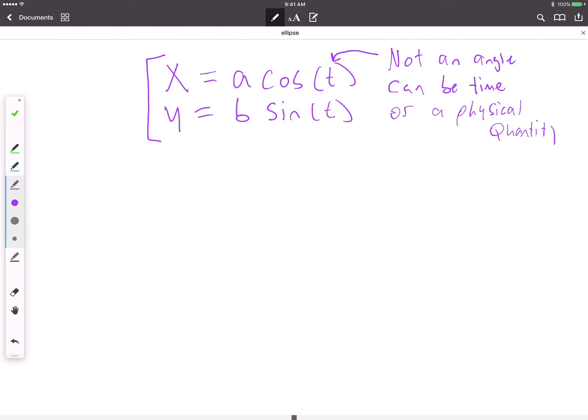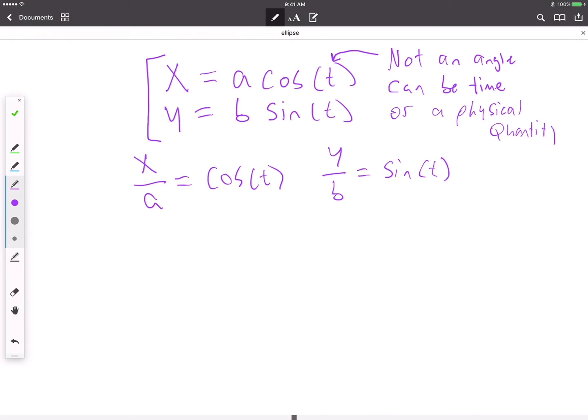equation of an ellipse. Okay, so we're going to do a little bit of a rearranging. In the first equation, we'll divide both sides by a, so we just get cosine of t on the right side. On the second equation, we'll divide both sides by b. So y divided by b equals sine of t.